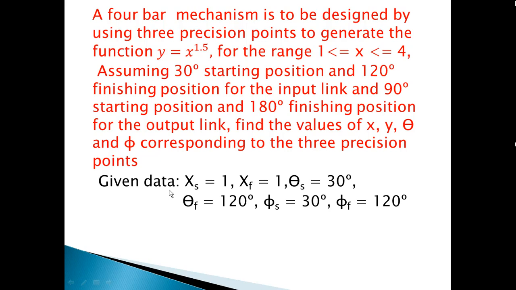So from this problem statement, the given data is that the starting point for x is 1, the finish point for x is 4, sorry I have written 1 over there, and theta s, that is the starting input angle, is 30 degree, theta f, the final input angle, is 120 degree, and the output start angle phi s is 90 degree, I made a mistake earlier, and phi f equal to 180 degree.